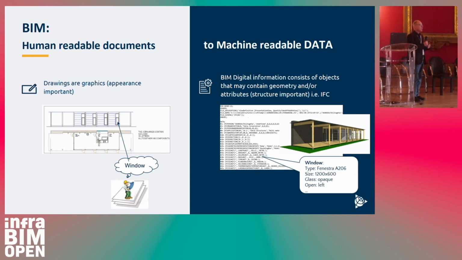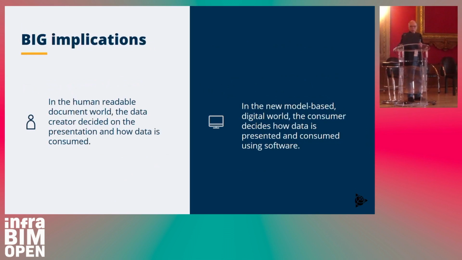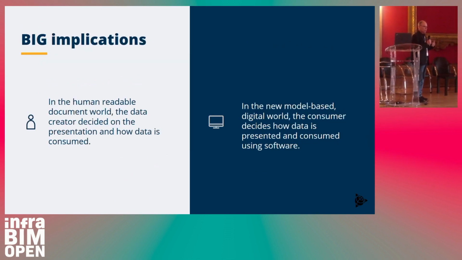Beforehand, printers were used to distribute information in the construction industry. In the future, it will be data, and specifically machine-readable data. One of the biggest implications of this is that in the human-readable document world, the content and the presentation of data were bundled. You couldn't unbundle them. The one who created the content also created the presentation, and you couldn't change the presentation.